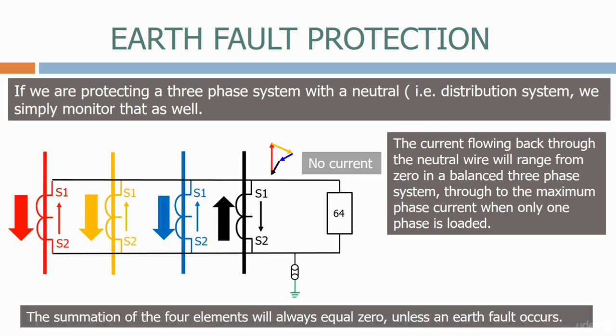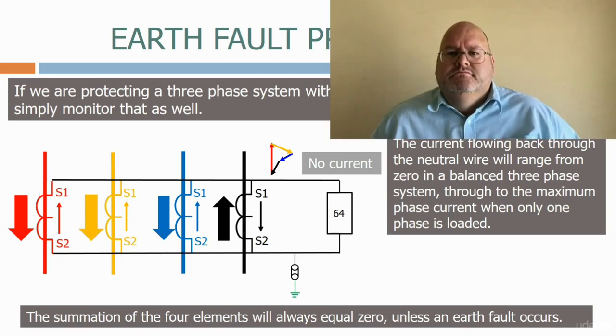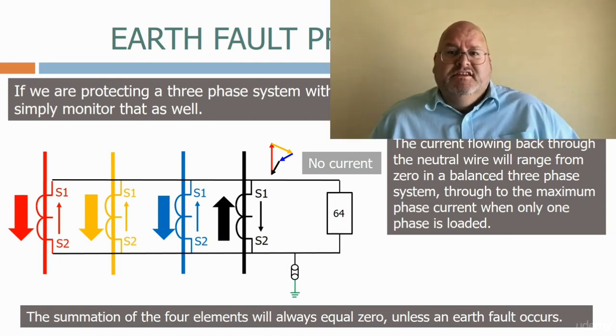The summation of the four elements will always equal 0, unless an earth fault occurs. For this arrangement, it is obviously essential that all of the CTs have the same characteristics. Otherwise a spill current will be created, which may be enough to operate the earth fault relay. At lower voltage systems, a toroidal coil can be provided, which goes over the phases and neutral, and will only provide a spill current when an earth fault occurs.